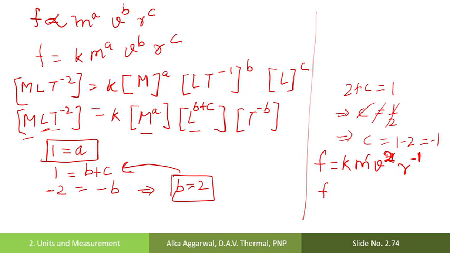So the formula for the centripetal force is mv squared upon r, where k is a dimensionless constant and its value is determined with the help of experiments. And from experiment it is found that the value of k is 1. So the formula for the centripetal force is mv squared upon r.